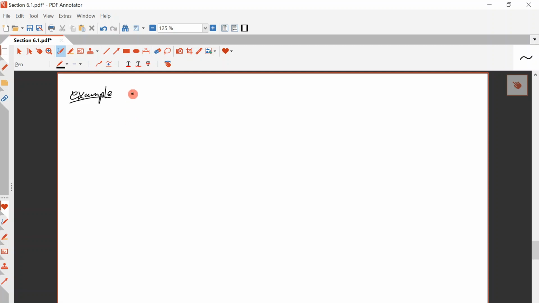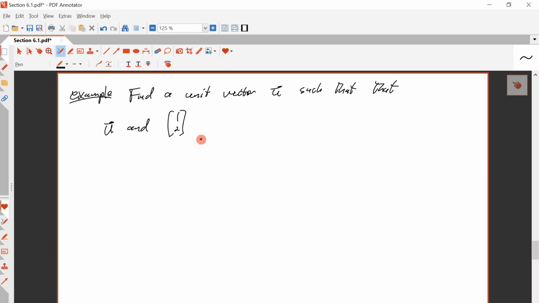Find a unit vector u such that u and (1, 2) form a basis for Rn.